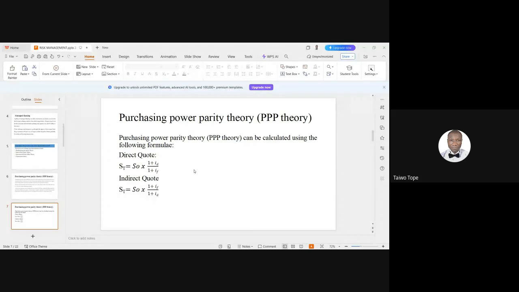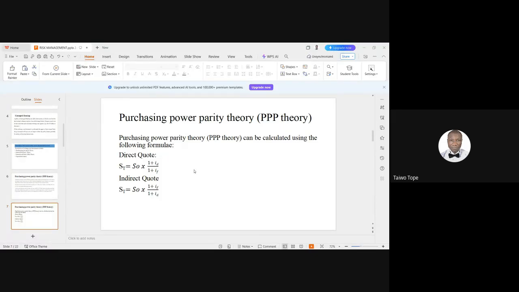XO is the current spot rate. That is the X, then the O is a subscript. Yes, the X is big and the O is a subscript. So XO multiplied by what? Multiplied by the fraction 1 plus the period inflation rate in domestic currency.